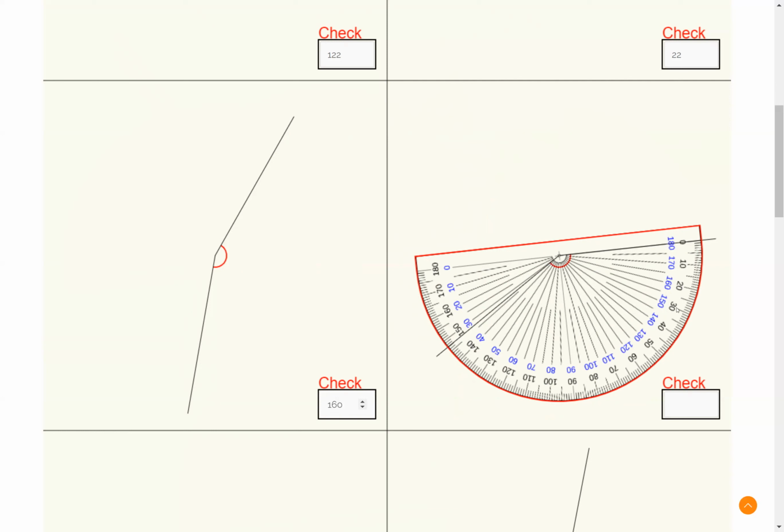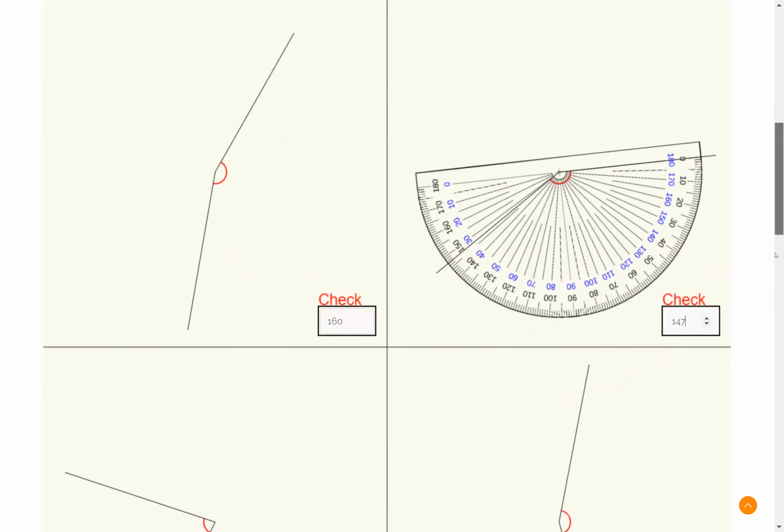I keep going until I get over here, and on the top numbers I'm between 140 and 150. So that's 145, 146, 147. It looks like it's about 147. Again, make sure you use your degree symbol.